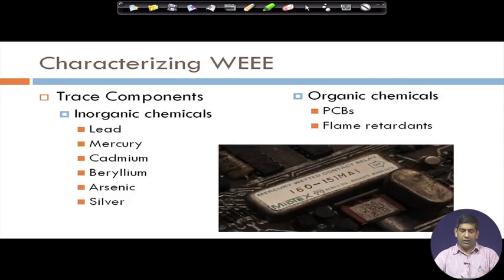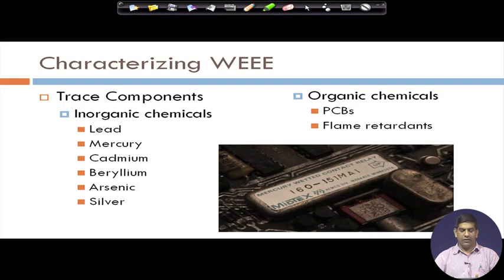So there are some inorganic chemicals, which is lead, mercury, cadmium, beryllium, arsenic, silver. Then we have some organic chemicals in terms of the PCBs and flame retardants. So we have both inorganic as well as organic present, and many of these, for example lead, mercury, cadmium, beryllium, arsenic, all have certain toxicity.